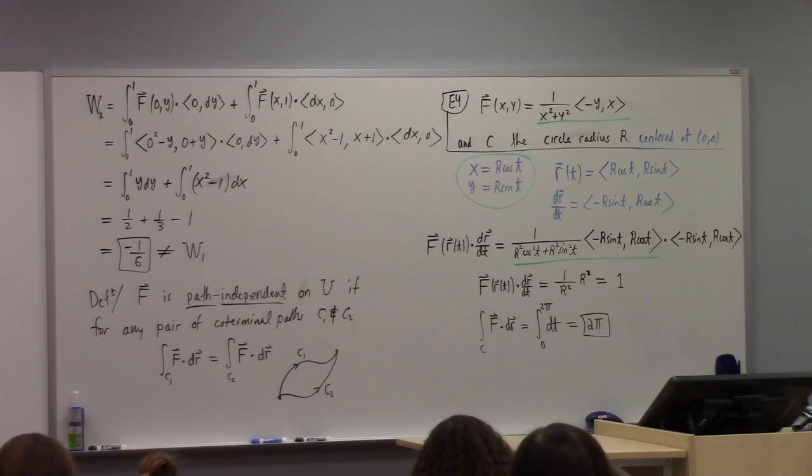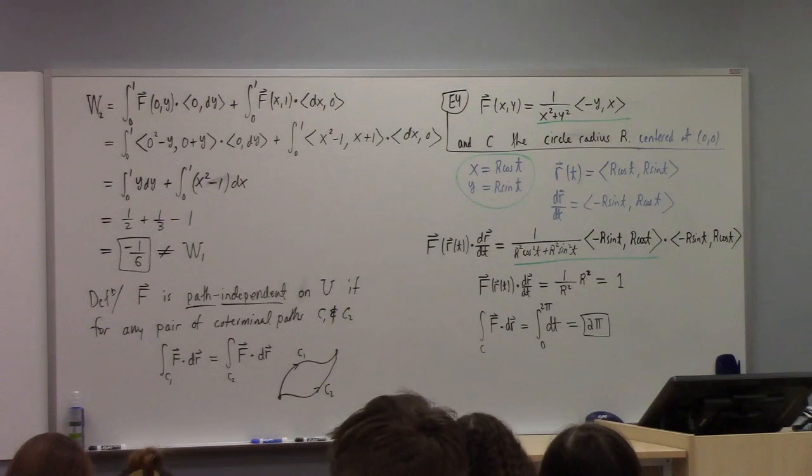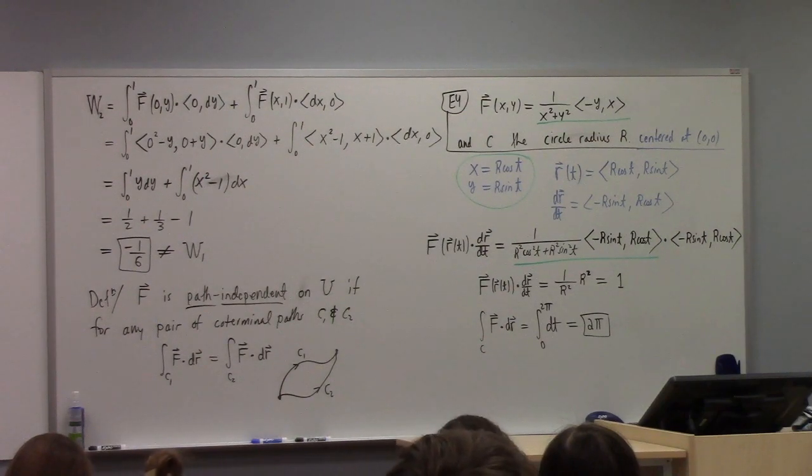I hope that's okay. Just organizing the calculation differently. This is a little bit weird, right? Why should the work done around the circle be 0? I mean 2 pi. Shouldn't it be 0? Well, it's 2 pi.